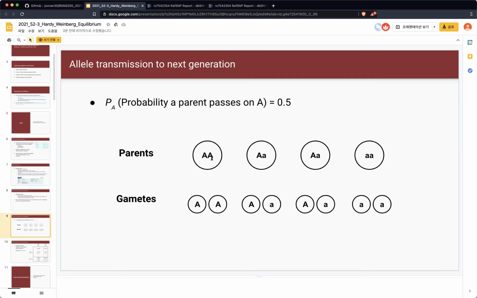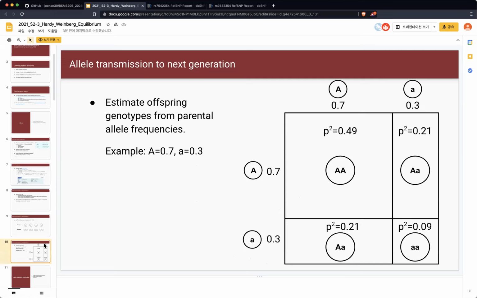If a parent has AA, both large A, then the gametes have A and A. If the parent is an Aa heterozygote, then the gametes have either the large A allele or the small a allele, and each has a 50% chance of being transmitted to the offspring, right? So there is no way we can invert that situation.